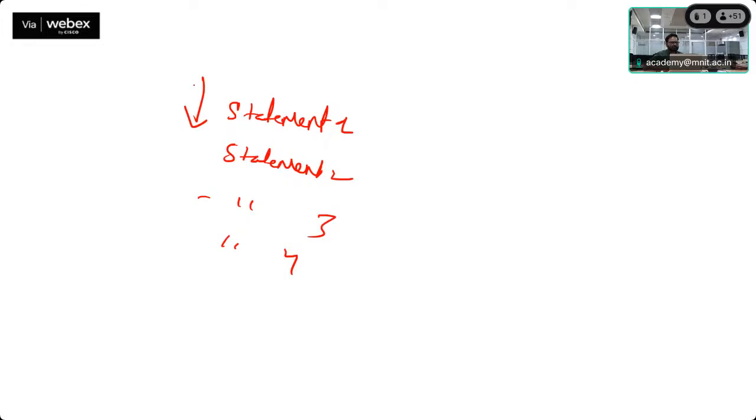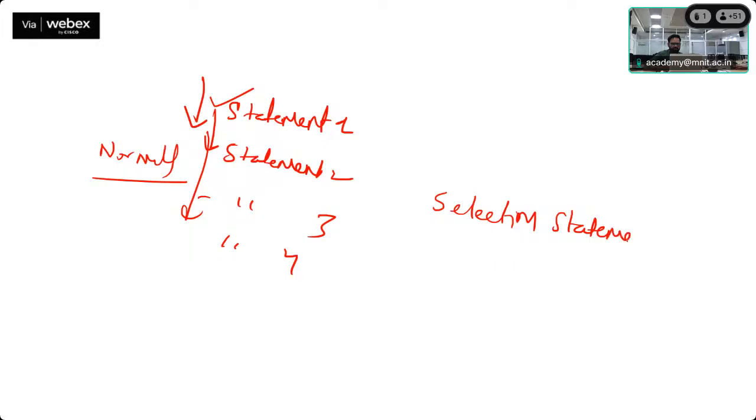So the normal flow of control, you have seen, is that you write statement 1, then statement 2, and 3, and 4, and so on. In a scripting language, the execution starts from the top statement and goes top to down. That is the normal flow. And if you want to change that flow of control based on some condition, you use selection statements if you want to make a choice, which you have seen using if, if else or if else ladder.